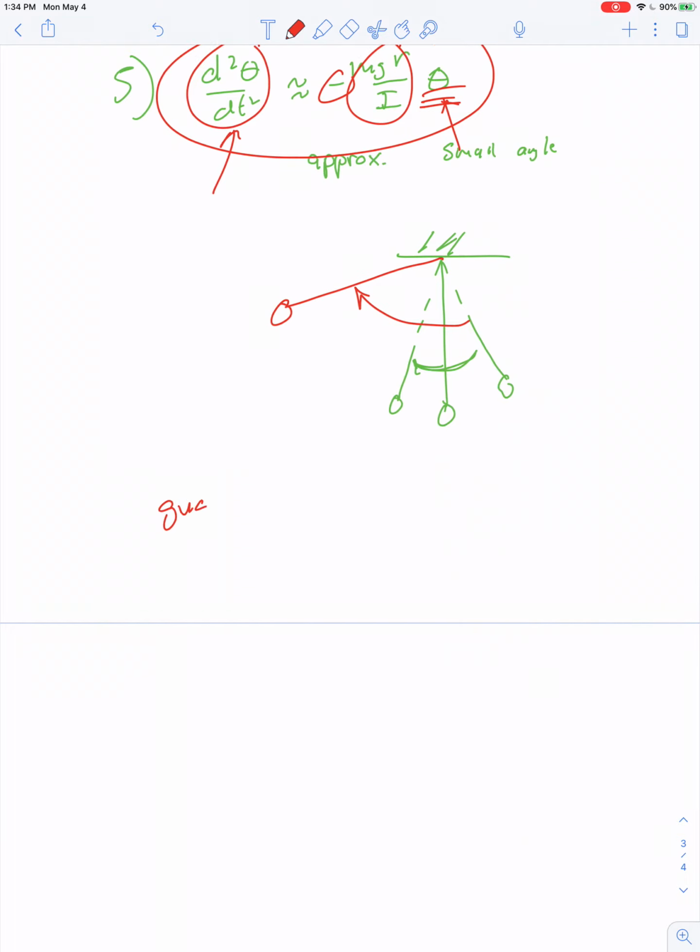We're going to guess that theta is equal to theta maximum, which is just the angular amplitude, multiplied by cosine of omega t.